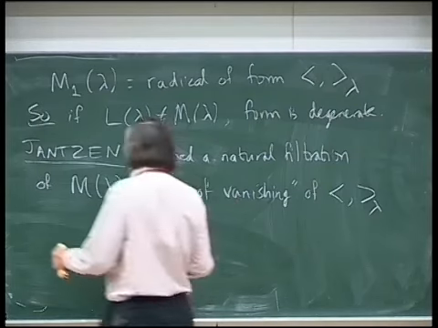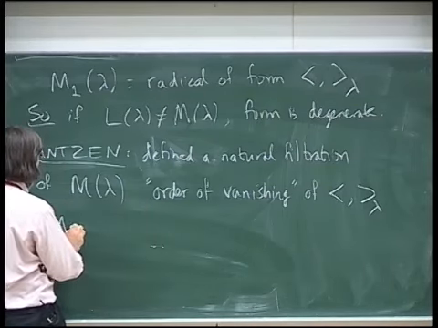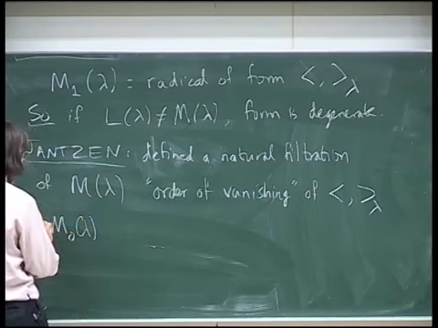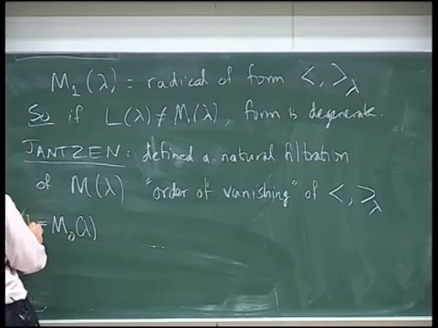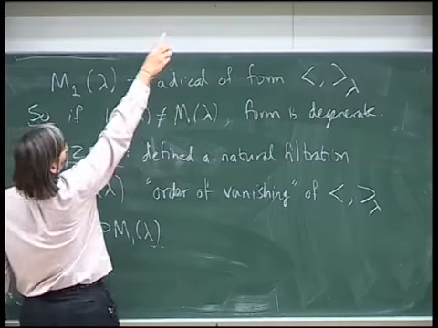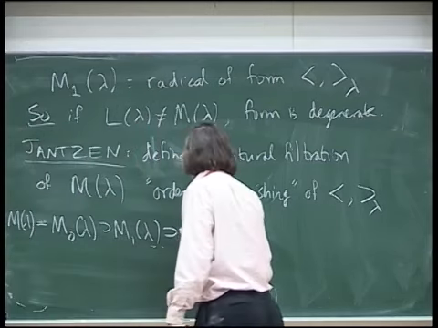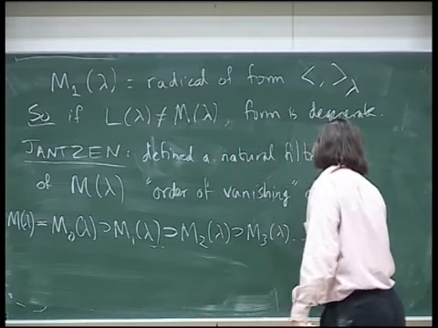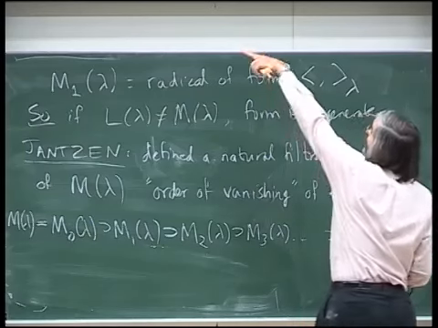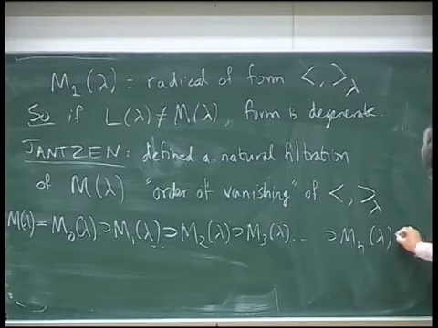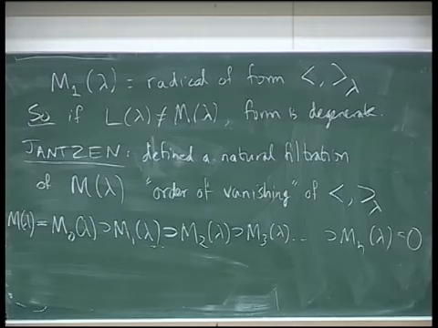So the picture is this is M of lambda, and it has M1 of lambda. That's what I wrote up there. But then M2 of lambda, M3 of lambda, and it's a finite filtration because, more or less, these are polynomials. Well, eventually you get 0.